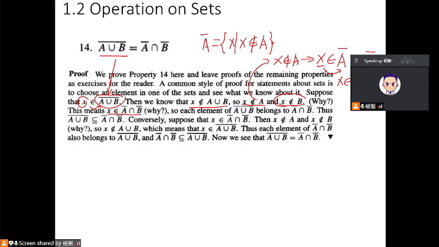So each element, if it belongs to this, then this, because x belongs to this set, then belongs to this set.